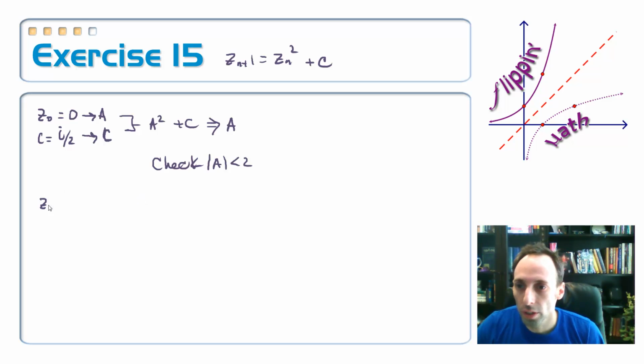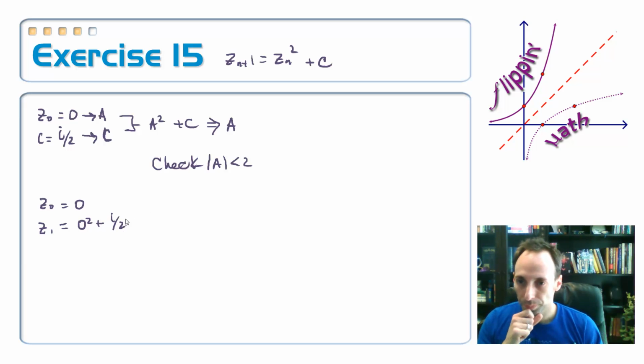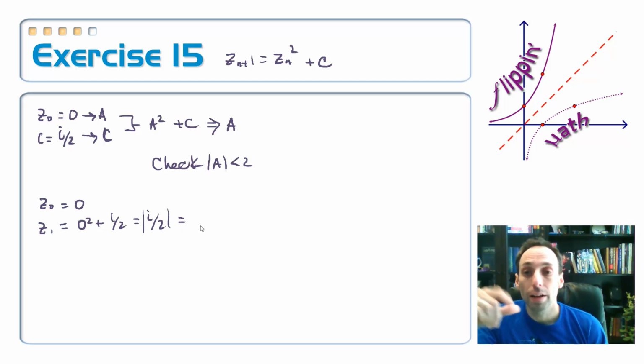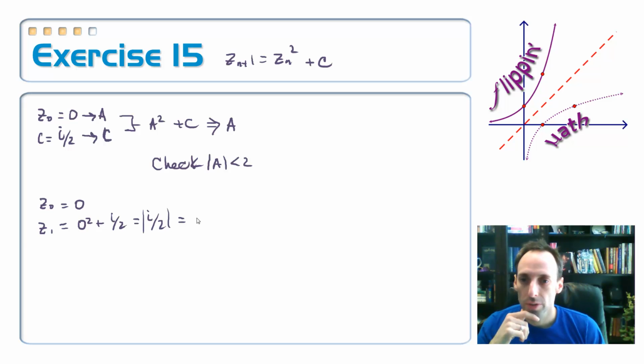So we know z sub 0 is equal to 0. z sub 1 is 0 squared plus i over 2, which is just i over 2. All right, that's fair enough. If I were to take the absolute value of that, remember this is just up a half on the imaginary axis, so its absolute value is equal to a half, so it checks out.